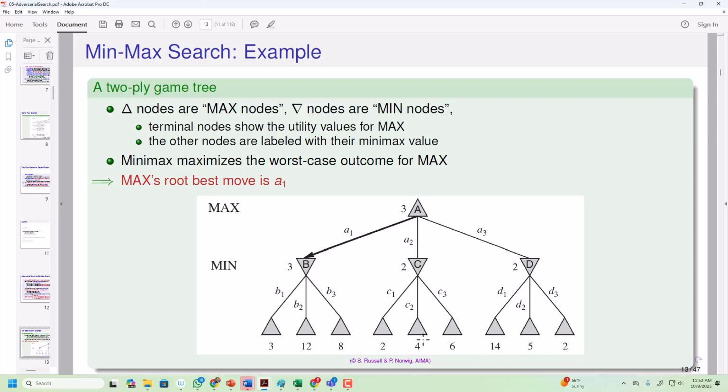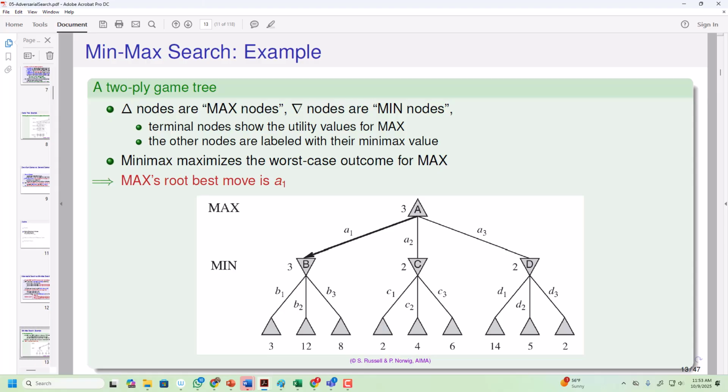If Max plays by himself, he will definitely choose the maximum utility, which is 14. But there is an opposition, an adversary, which is Min, and the objective of Min is to minimize Max's utility gain. So Min will want Max not to go anywhere over 2. That's important to understand.